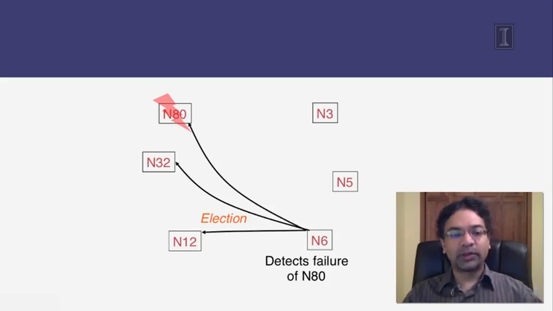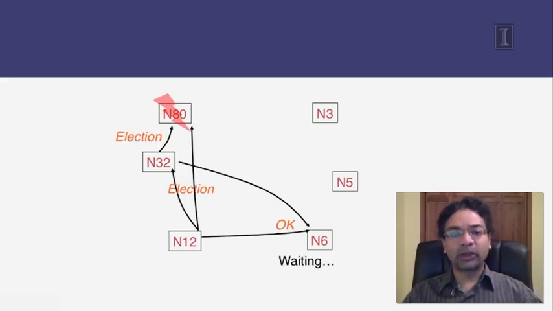When N32 and N12 receive these messages, they know that they are in fact alive, and so they send back an OK message to N6, which then waits for the final coordinator message. In turn, N12 and N32 also start election messages of their own by sending election messages to their higher ID processes. So N12 sends election messages to N32 and to N80, and N32 sends an election message to N80.